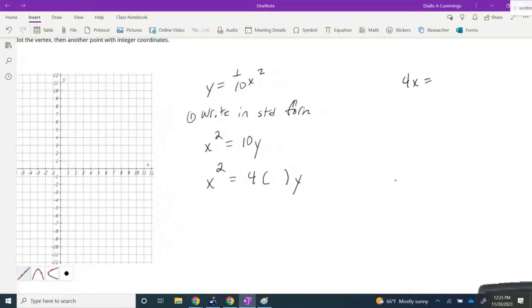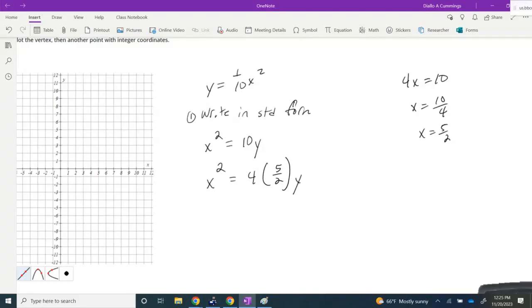So 4 times what number is equal to 10? I can divide both sides by 4, and if I reduce 10 over 4, I get what, 5 halves?